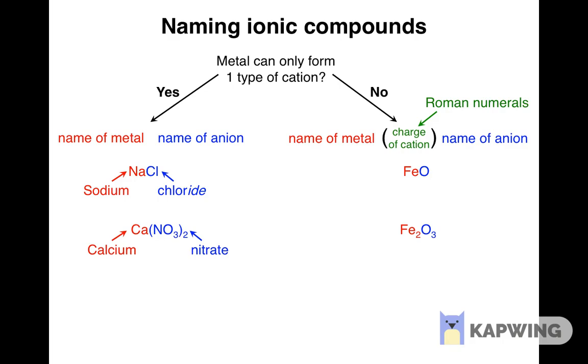Therefore, based on the formula of these compounds, we can deduce the charges of iron cations. For the first compound, FeO, the empirical formula tells us that the number of iron atoms is the same as the number of oxygen atoms.